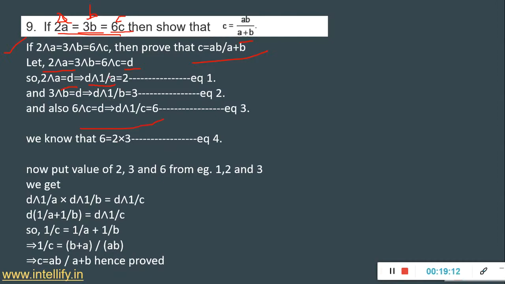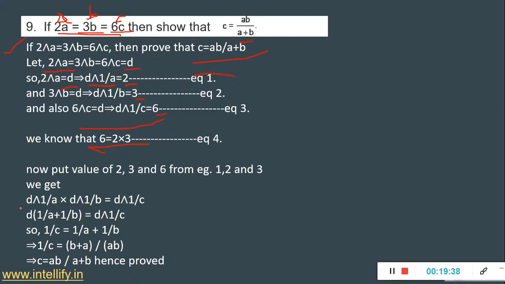Now as we can see that in the equations, right hand side we have 2, 3 or 6. As we know, 6 is equal to 2 into 3. We'll put the values of 1, 2 and 3 equation according to this. So equation number 3 is equal to equation number 1 into equation number 2.